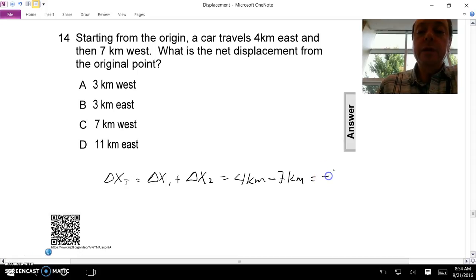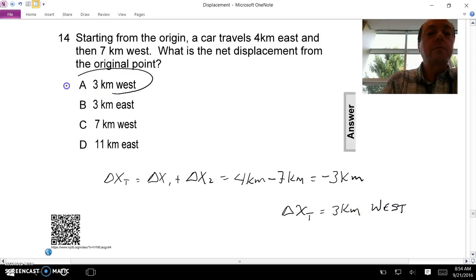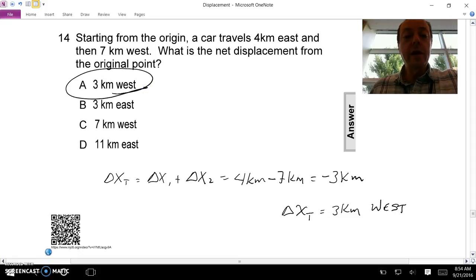And it's going to be minus 3 kilometers. Or the total displacement is 3 kilometers in the negative direction, west. That would be letter A.